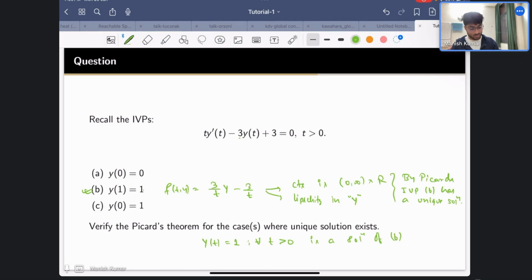So by Picard's theorem we know that this is the solution. It's not just a solution, but is the solution. Okay, so it's unique.